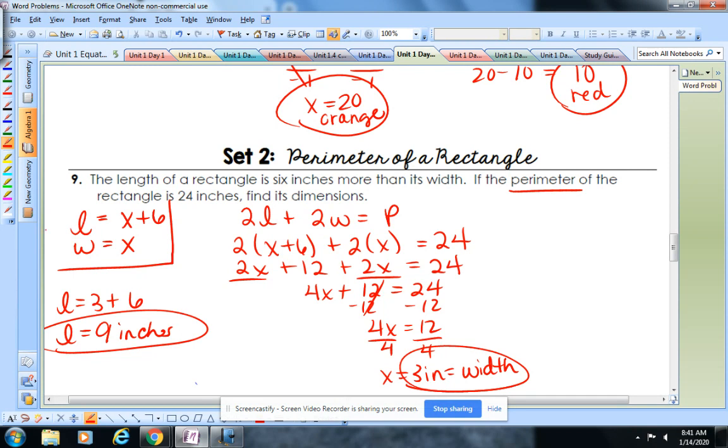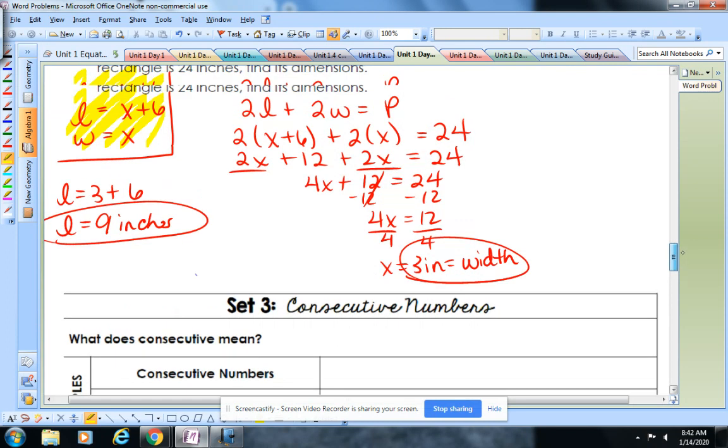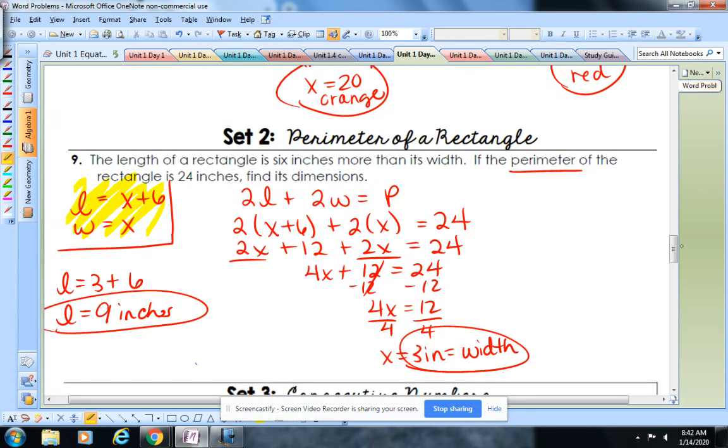No, you plug it in over here. Yeah, which is simpler. All right. Y'all try number 10. It's not on my screen, but y'all try number 10.